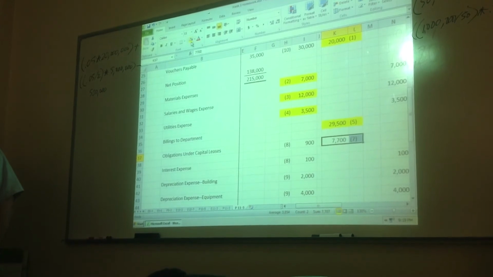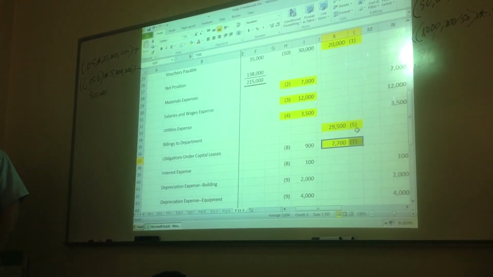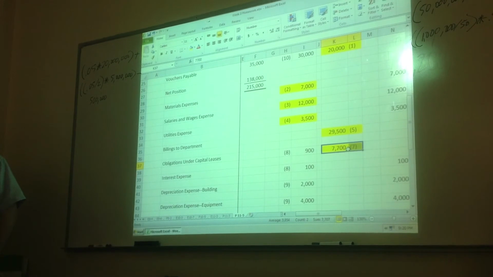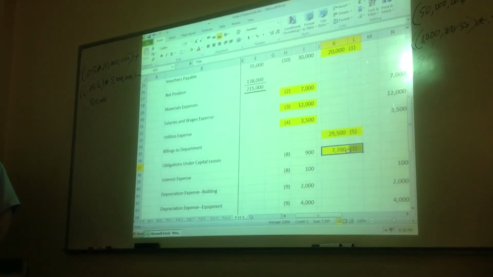Obligations under capital lease, right? A liability. You put capital lease payable, okay. It uses the term obligation in your chapter.